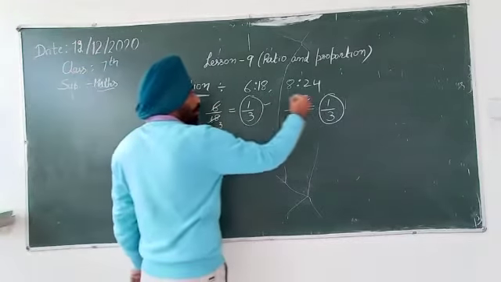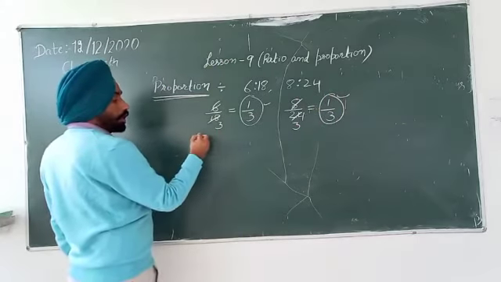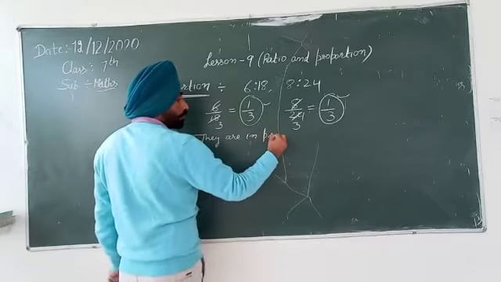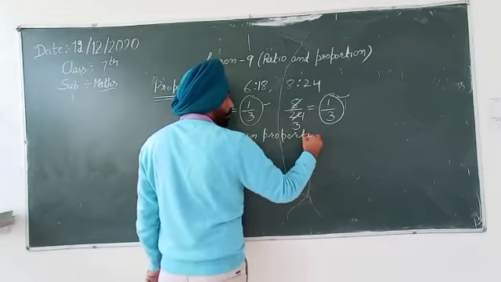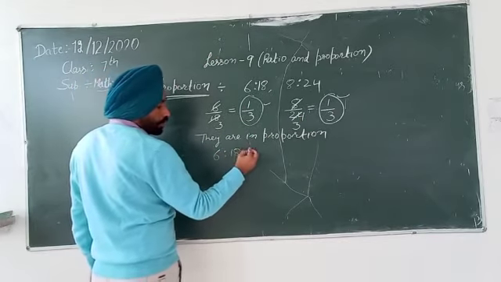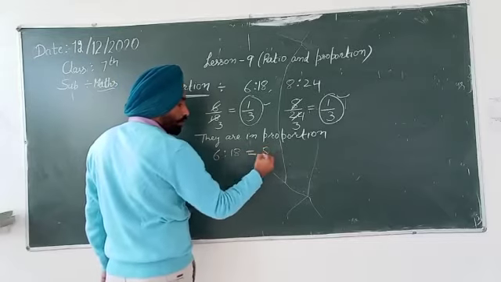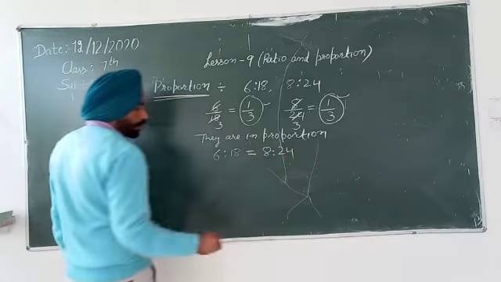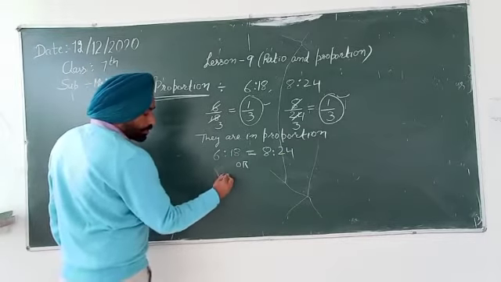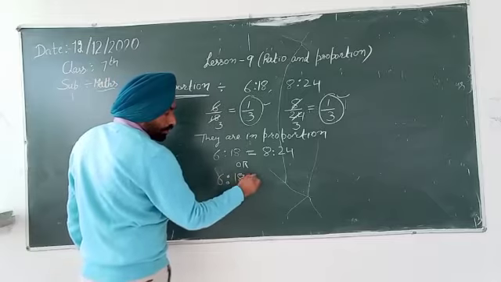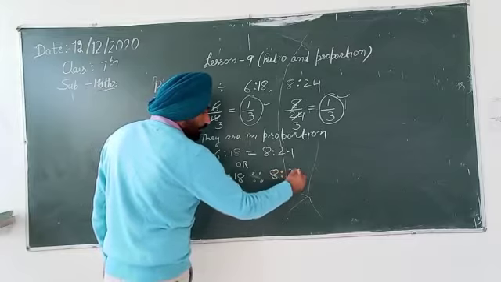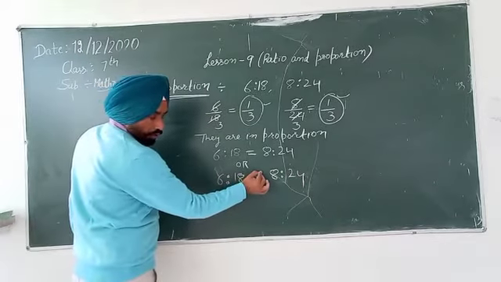Okay, so if the ratios are equal, then we can say they are in proportion. Okay, understood? Clear? So here they are in proportion. And here we will write 6 ratio 18. I can write it equal to 8 ratio 24. Or I can write it in that way: 6 ratio 18, 8 ratio 24. This is 4 dots.